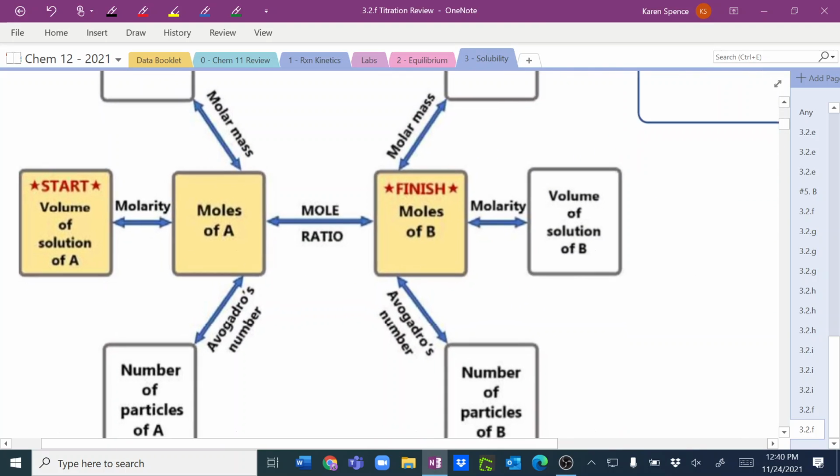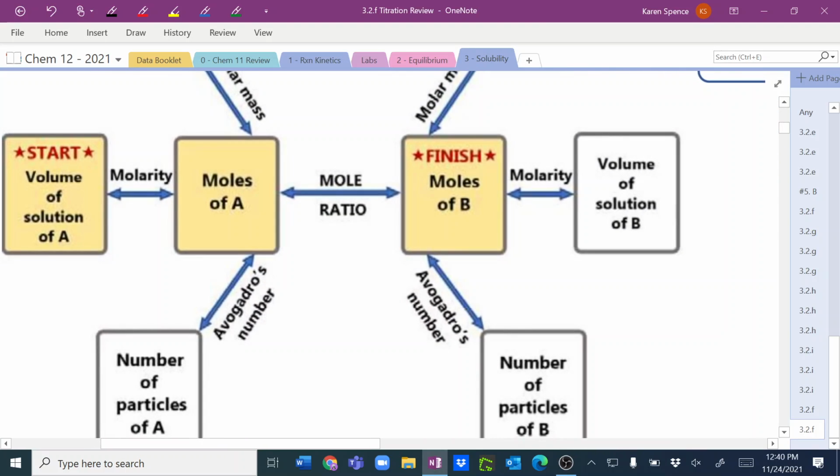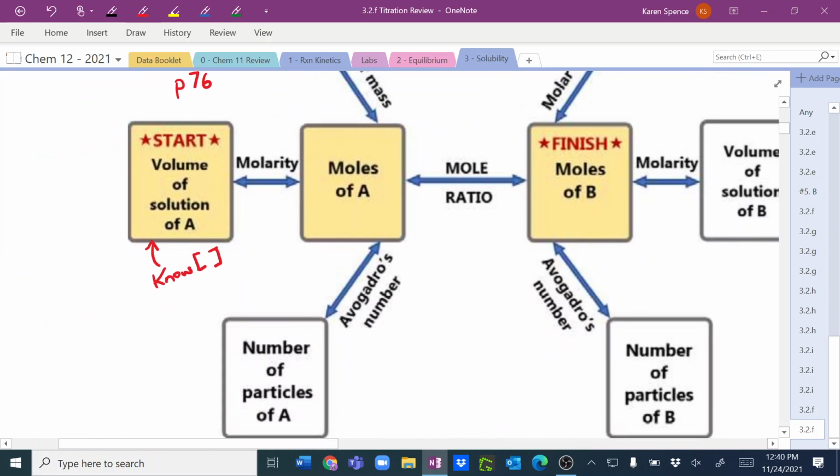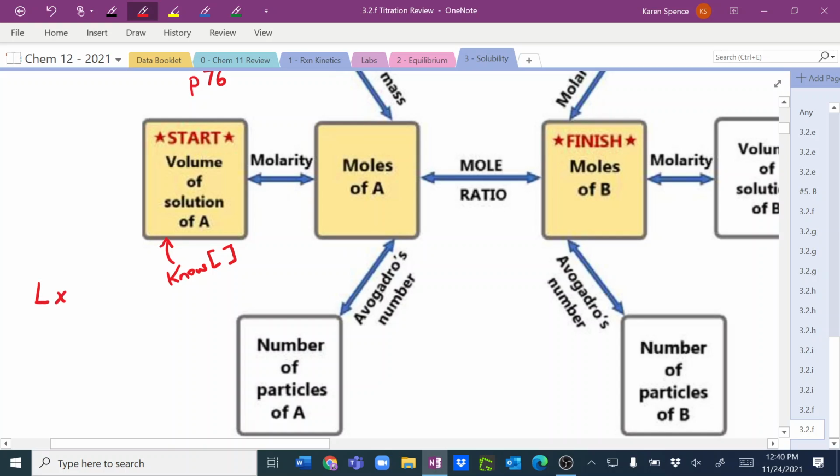All right, so you will be starting with a volume of solution A, and you will know its concentration. This is 3.2F, page 76. If you know volume and if you know concentration, that means you know liters and you know moles per liter.